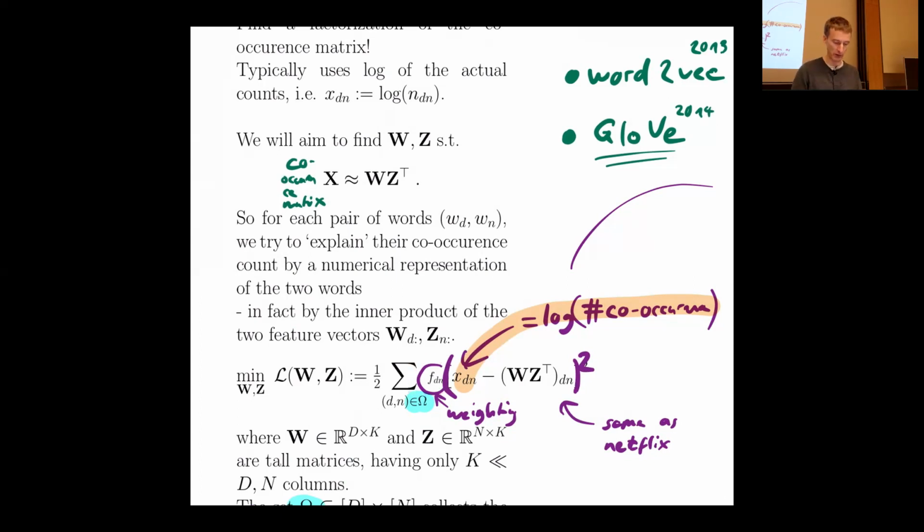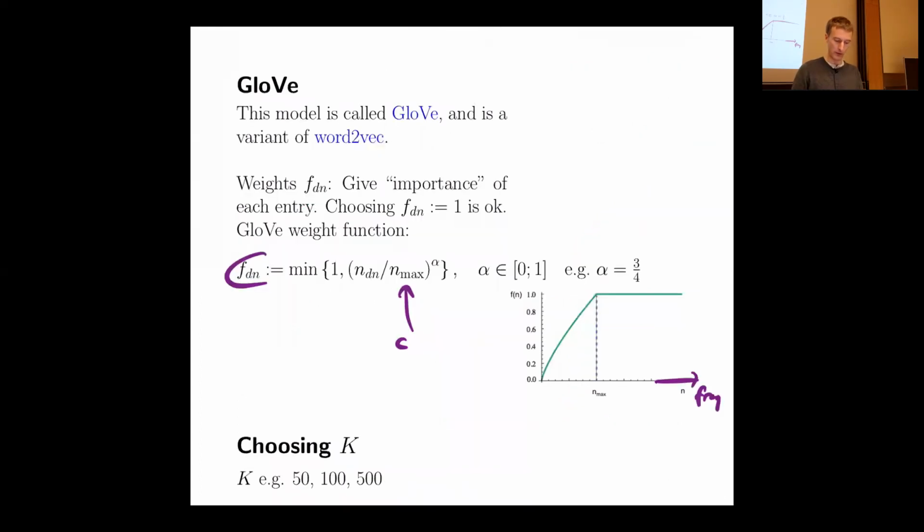So that's why it's a bit different than just reweighting the X, which of course is also something you could do. What they did for the weight is something like this, so that it grows almost linearly, but a bit curved, until a cutoff value. What this means is that after it has occurred together 1,000 times, or I don't know what the actual value was, and you don't care anymore, then you would just set the weight to 1.